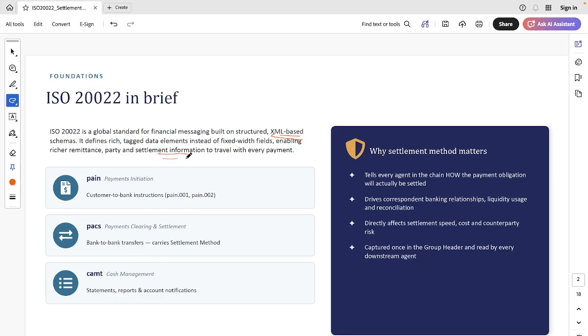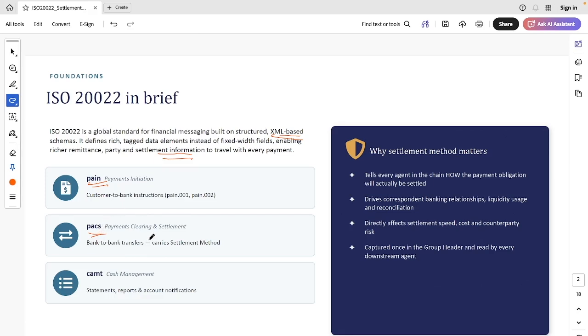Now, in ISO 20022, we commonly deal with three types of message families. First is PAIN, which means payment initiation. These messages are generally used between a customer and a bank. For example, when a corporate customer sends payment instructions to its bank, it may use pain.001. Second is PEX, which means payments, clearing, and settlement.